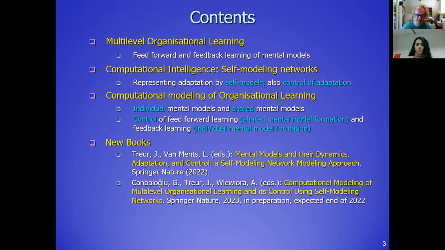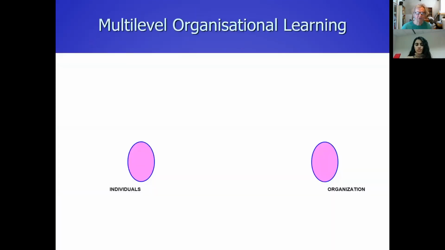Officially, it will probably have year 2023. That's completely focusing on organizational learning and how you can model that, also together with Anja Viviora from Management Science in Brisbane. So let's start.